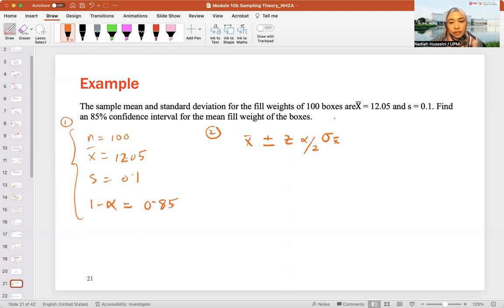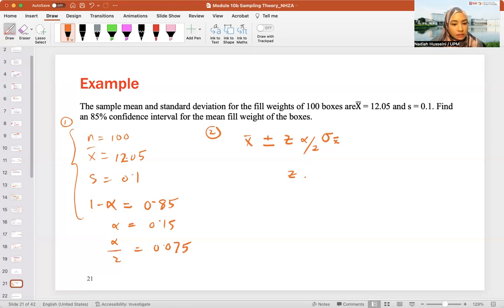Okay, hoping I remember that. So if I were to expand this, I know that my alpha is, what is my alpha here? I did not solve it yet. My alpha is 0.15. Therefore, alpha over 2 is just 0.15 divided by 2, so that is going to be 0.075. First step. Second step, put in the numbers.